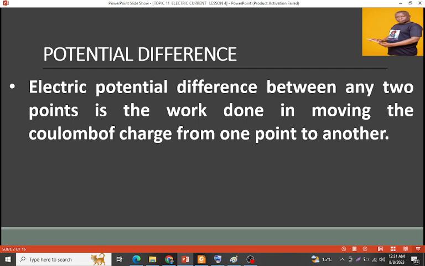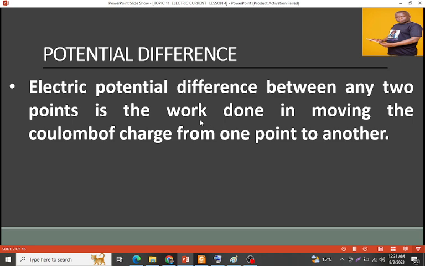Remember from our previous lesson of electric current, in lesson number 2, we said that current is the rate of flow of charge in a circuit. So for charge to flow in a circuit, there is need for work to be done on such charge.